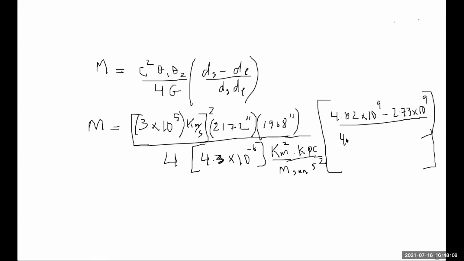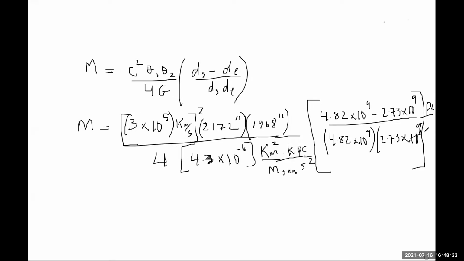Divided by 4.82, monstrous numbers, right? We're talking about times 2.73 times 10 to the 9th. So the top will have units of parsec, but the bottom will have units of parsec squared, because you're multiplying two parsecs.